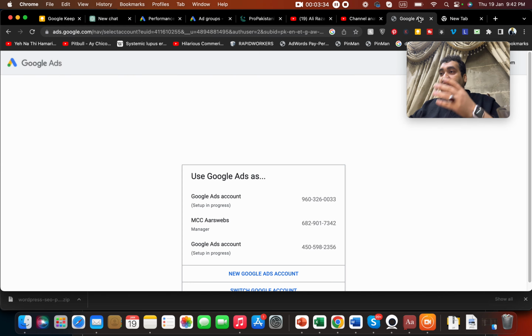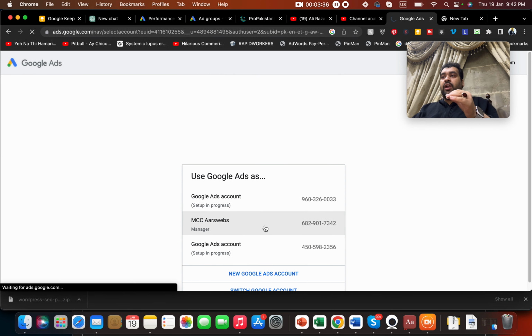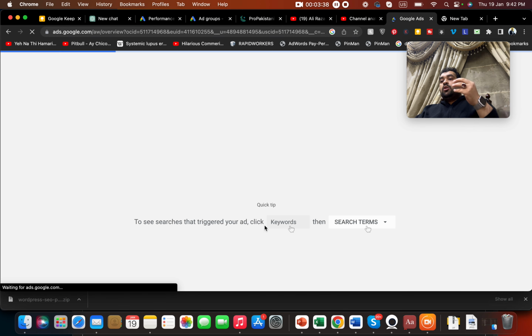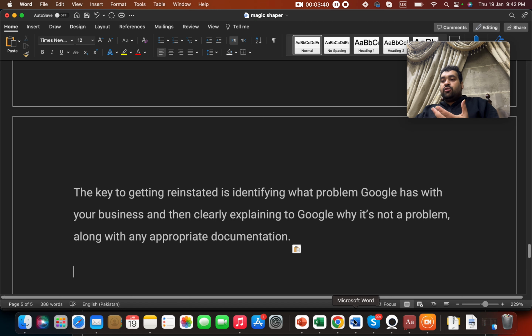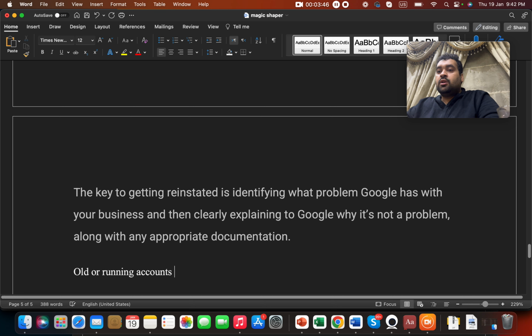Okay, before I show you the client, let me tell you that this was not a new client. This kind of error actually happens on old accounts. Old or running accounts usually see this kind of suspension error, not new ones. Why?